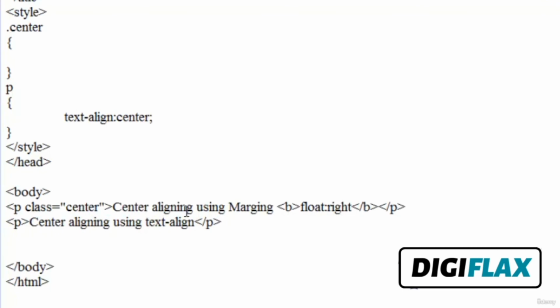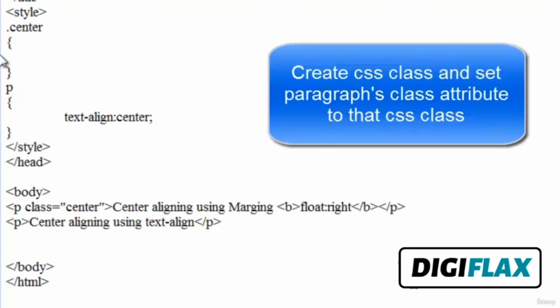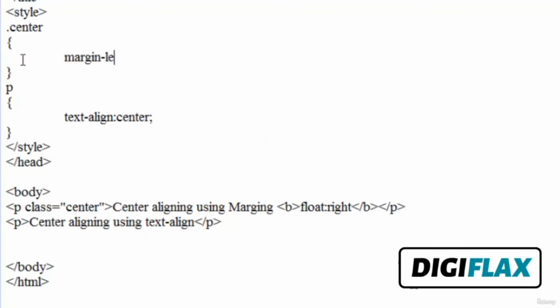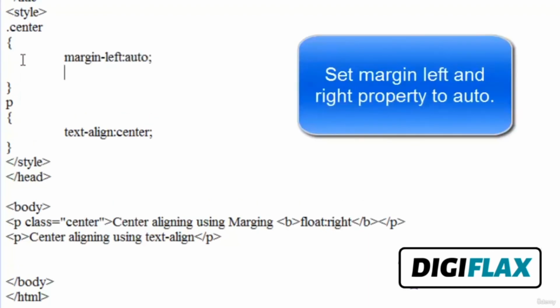Now I want to set the alignment to center using the margin property. So I have created one CSS class and I will set margin left to auto. Similarly margin right to auto.